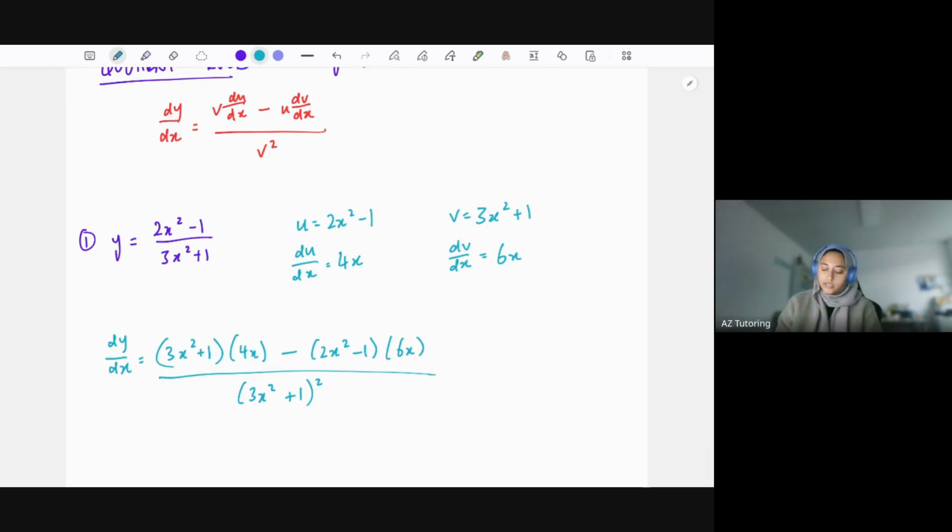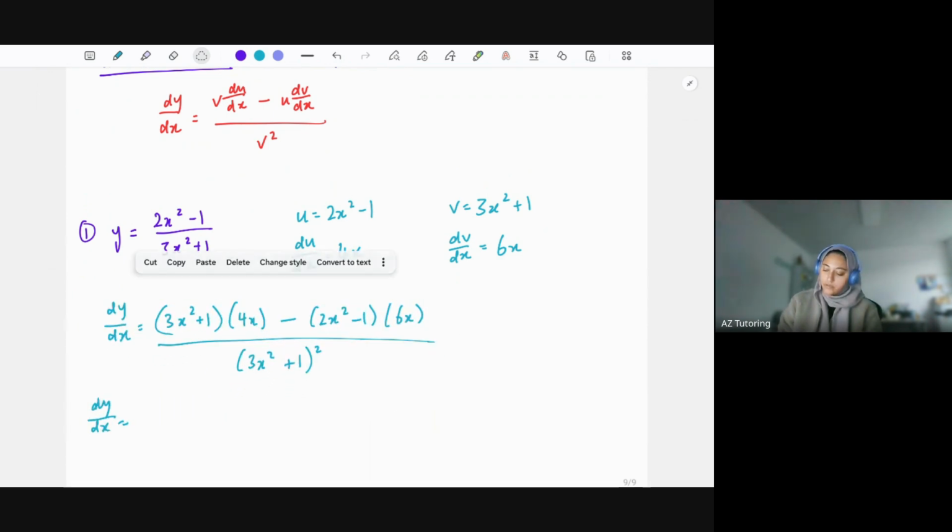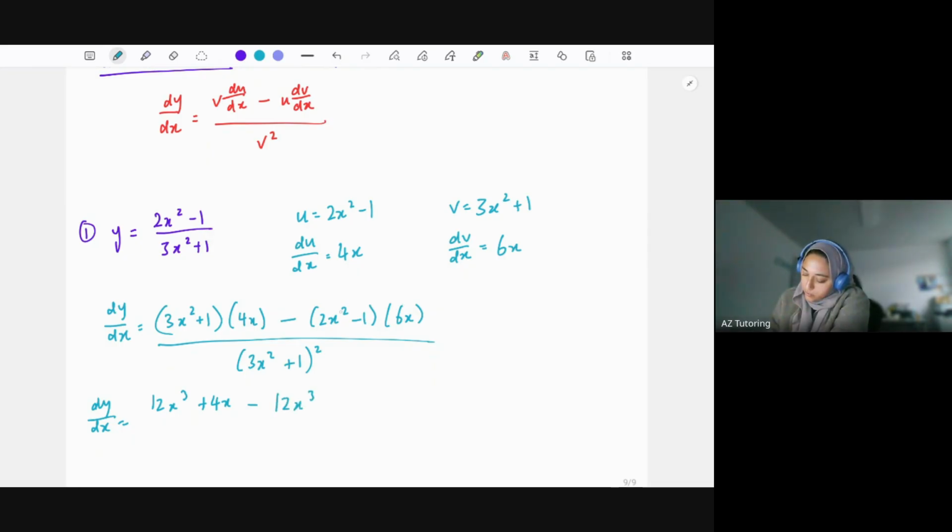We need to simplify this. So I get dy over dx equals, okay, 3x squared times 4x, 12x cubed. 1 times 4x is 4x, minus 2x squared times 6x is 12x cubed.